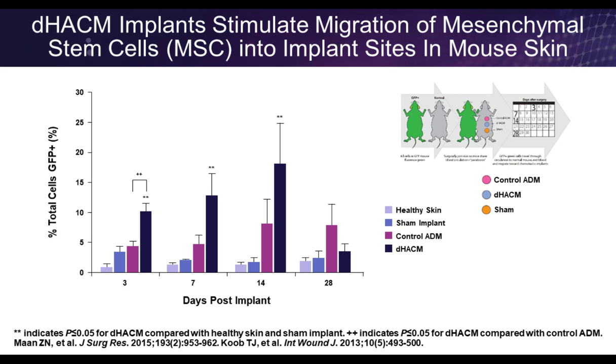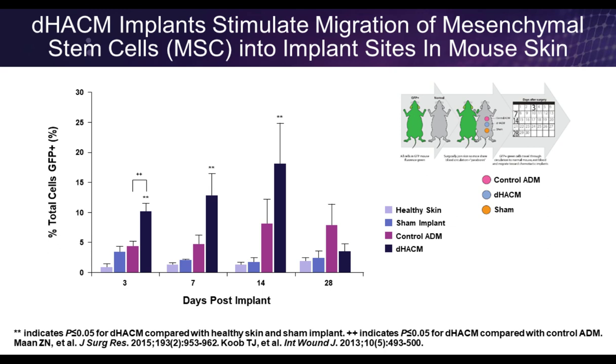But when there is amniotic membrane implanted, the purple and very dark blue bars show a tremendous, significant increase in the number of these green fluorescent protein-marked stem cells that move into the dehydrated human amnion membrane.